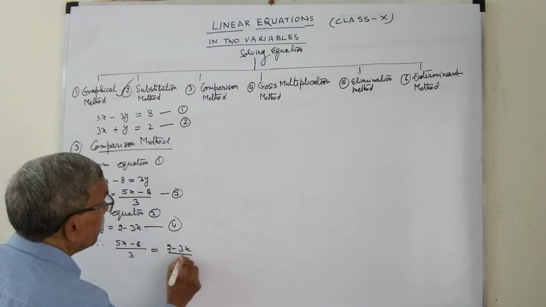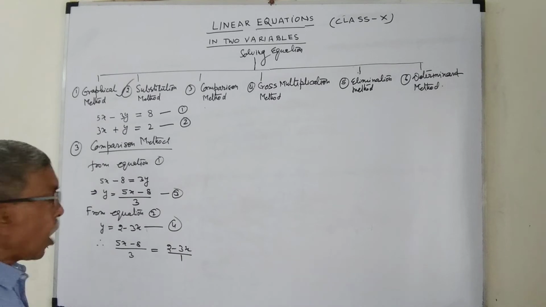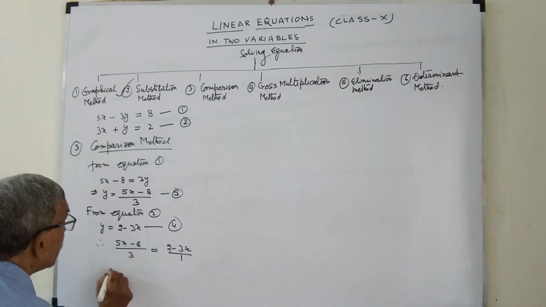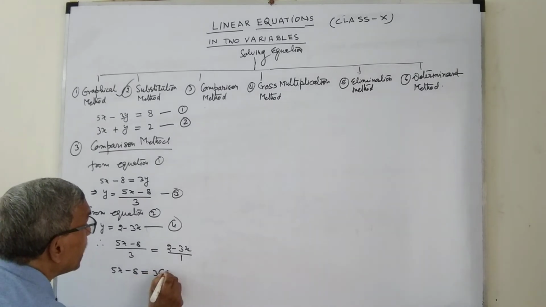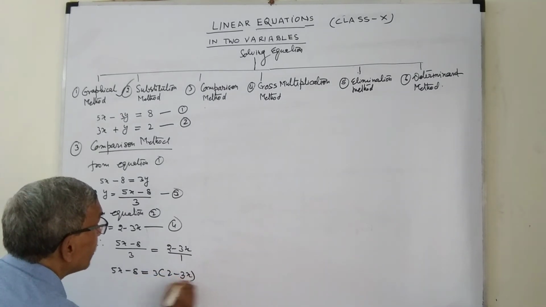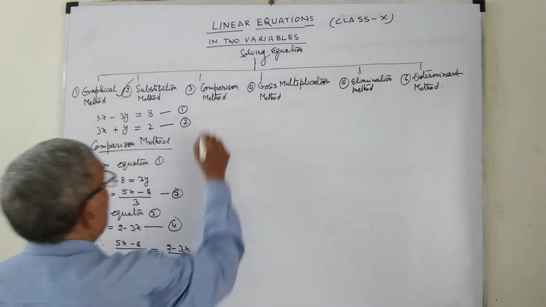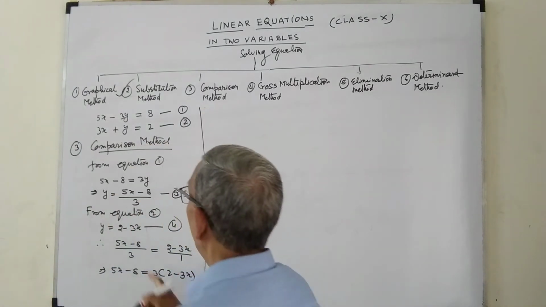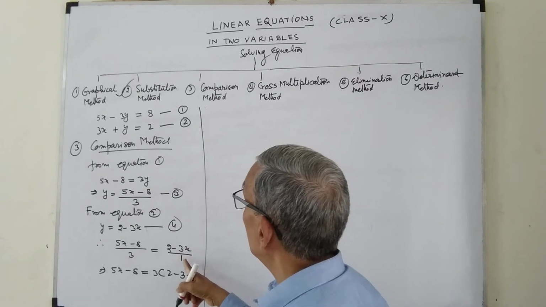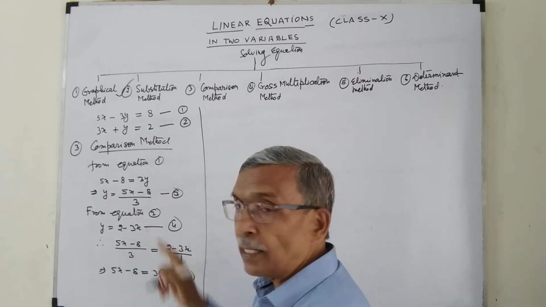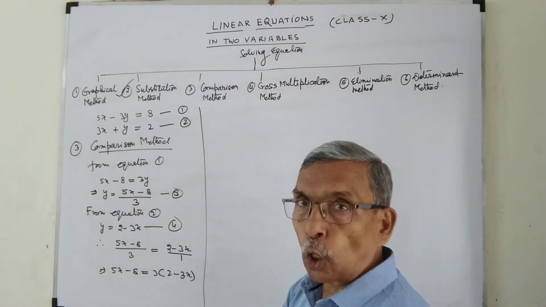So now by cross multiplication, you will get 5x minus 8 is equal to 3 into (2 minus 3x). By cross multiplication you multiply the denominator with this numerator and this denominator by this numerator. This is known as cross multiplication.